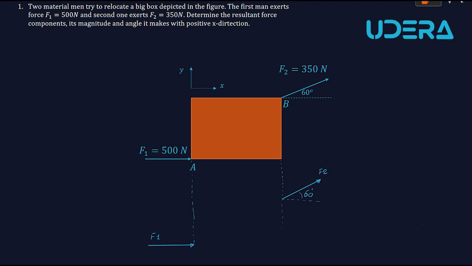If you remember, in the previous tutorial, I highlighted the application of the principle of transmissibility, and one important application is that it allows us to find the resultant vector even if the component vectors are not concurrent.